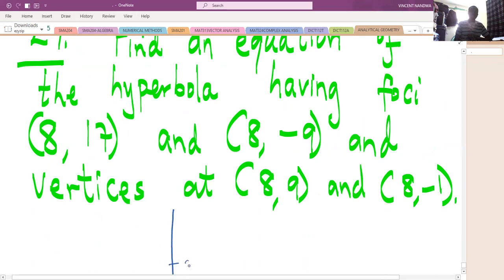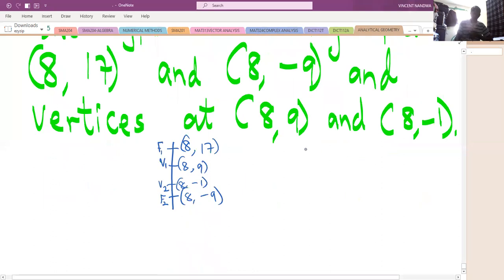If I have (8, -9), and then another point (8, 17), and then (8, 9) and (8, -1), you see these are the vertices. Say this is V1, V2, and this is F1, F2.